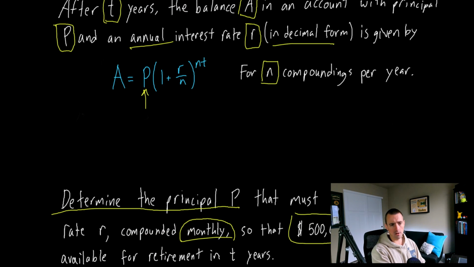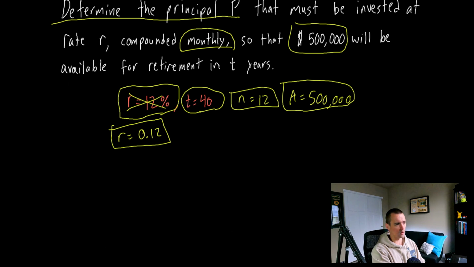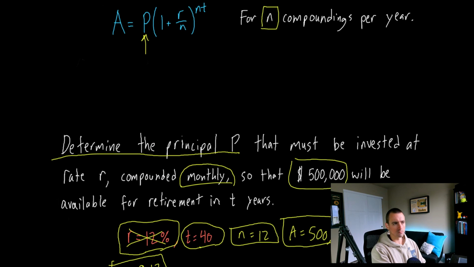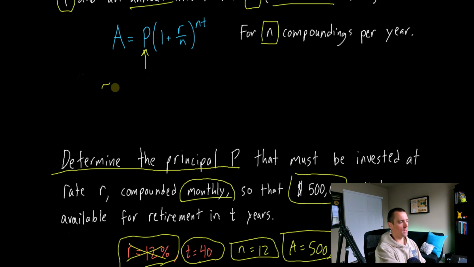Then we can solve for P. So we'll have A, 500,000, equals P, which remember, P is what we're solving for.